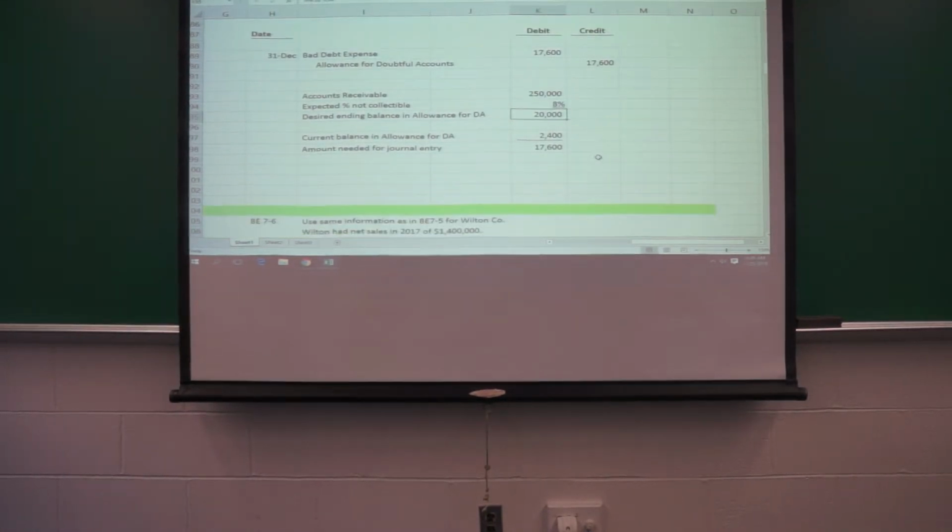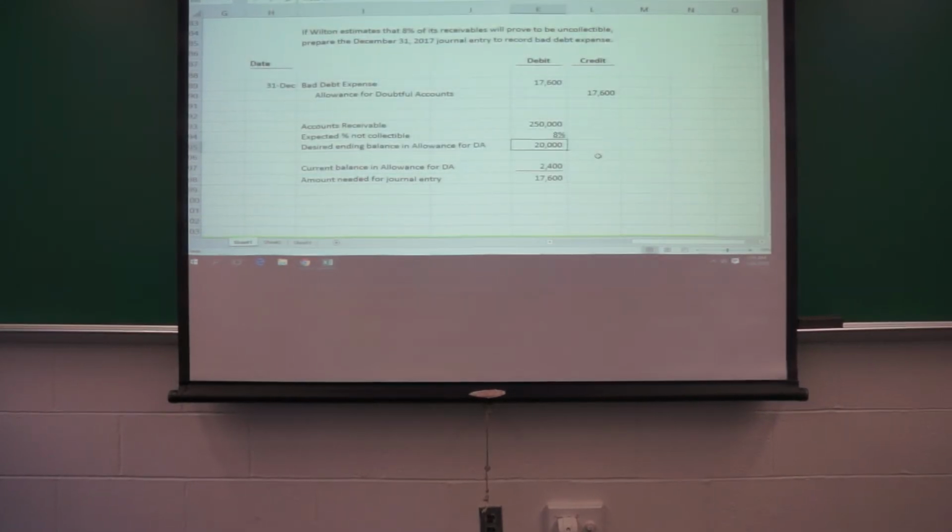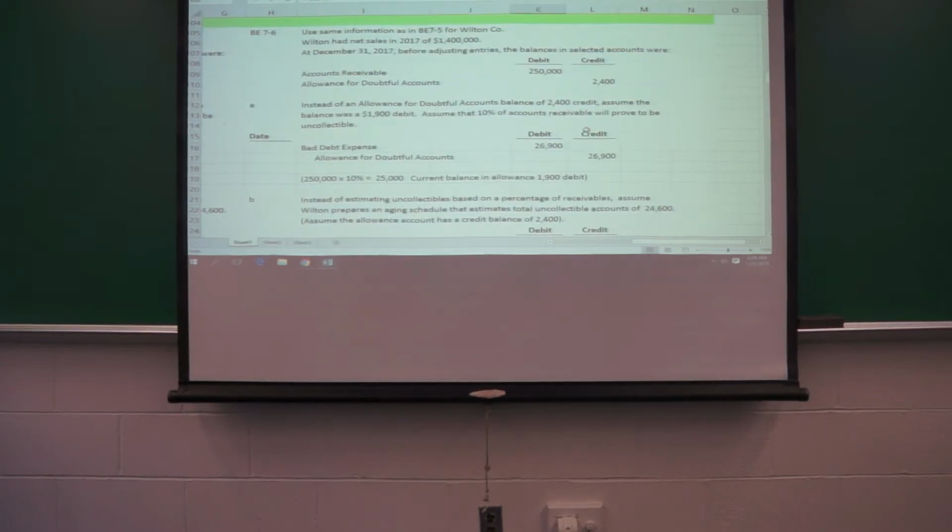Okay, so if you had, let's say, what are we doing here? In 7.6, okay, here they have just come up with, it says instead of a $2,400 credit, they say assume it had a debit balance of $1,900.